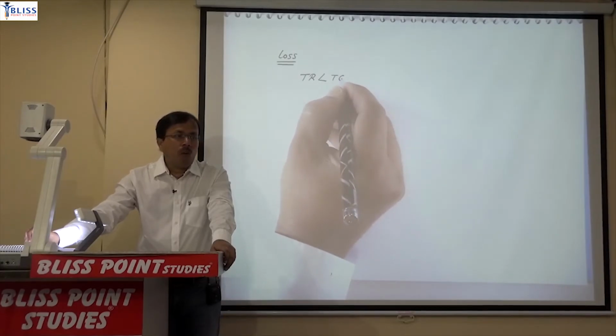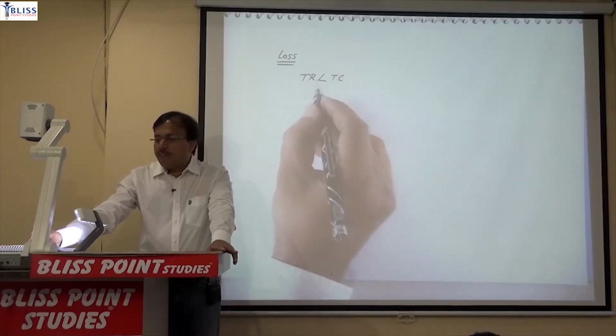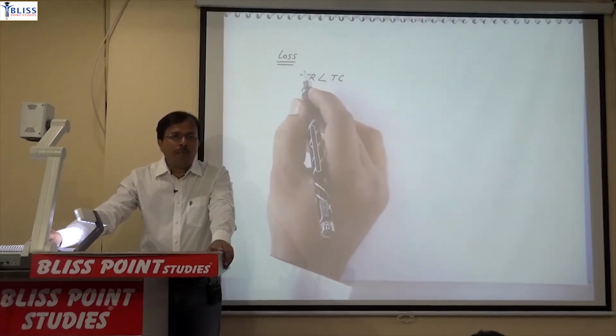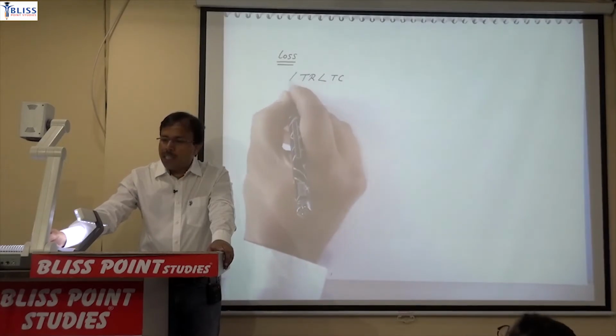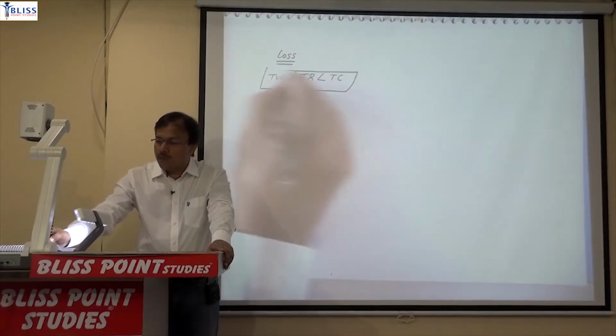But when the firm operates in loss, speak in terms of total. If TR is less than TC, there will be loss. But in order to operate, the firm must have operating profit. And what does it require? TR must be greater than total variable cost.